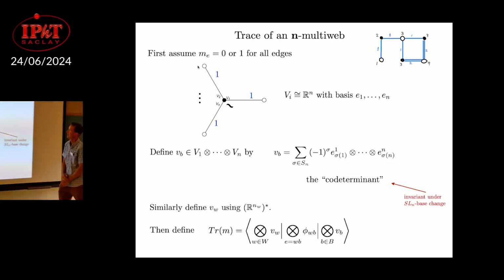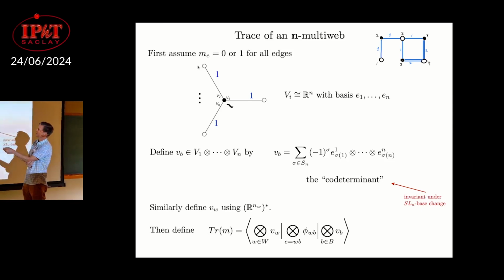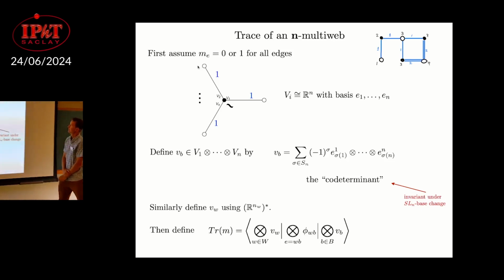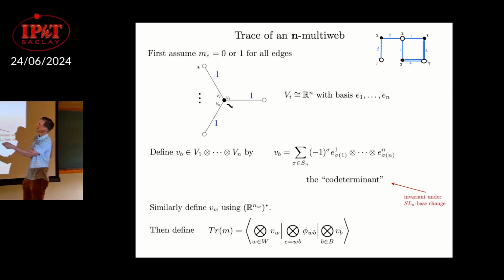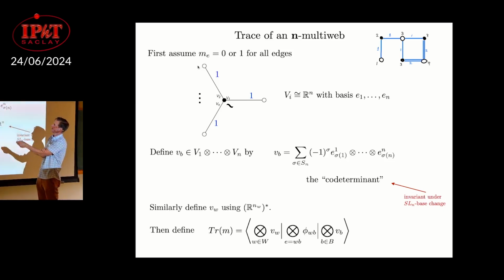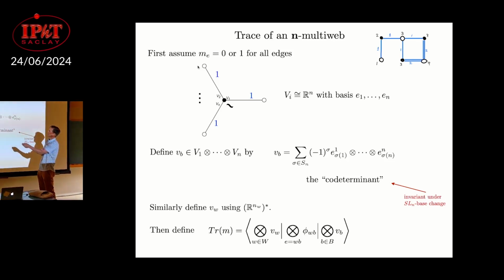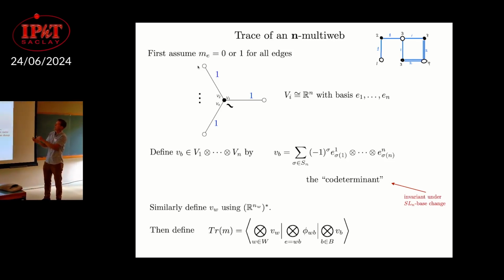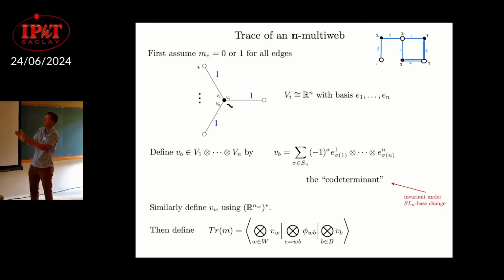Also sitting at that black vertex, there's a vector space of dimension n. What I'm going to do is put a copy of that vector space along each edge, V1, V2, and so on up to Vn. So now I've got n vector spaces, each of dimension n.